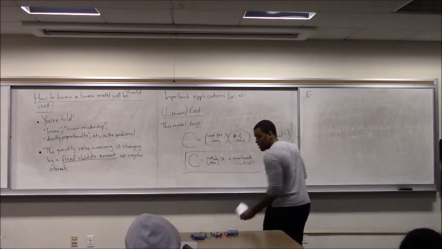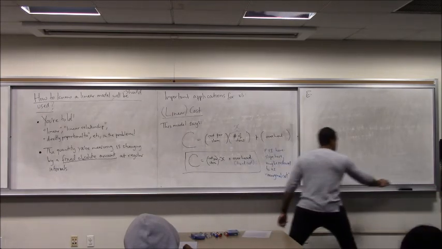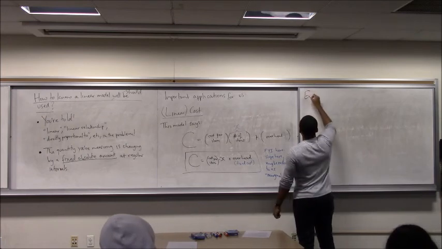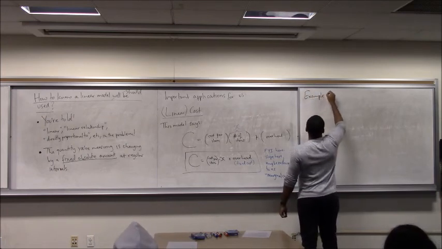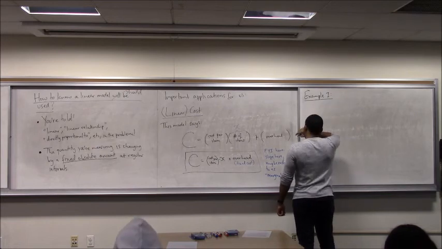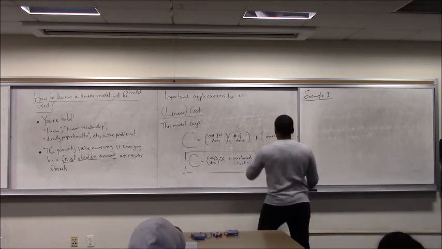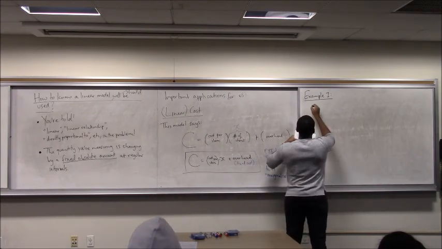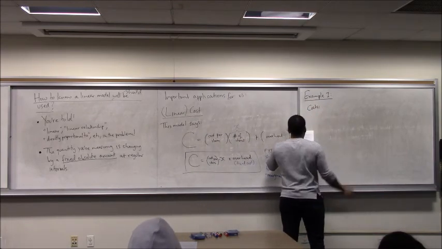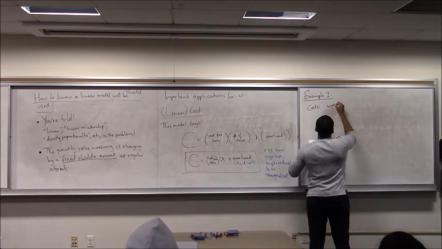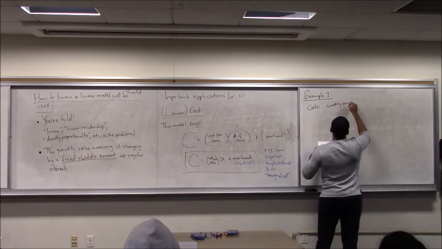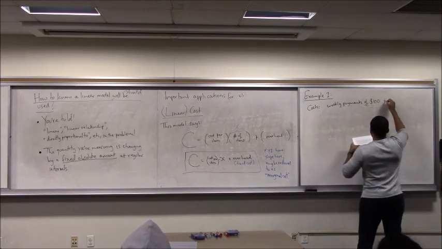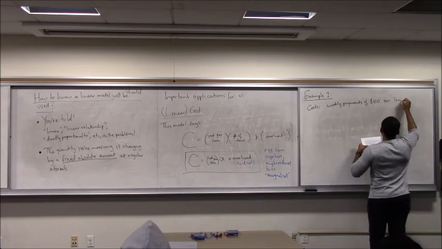So let's write down some of that information. This is the example of Javon's lemonade stand. What we know is we can talk about the costs. We have weekly payments of $100 for the lemonade stand.